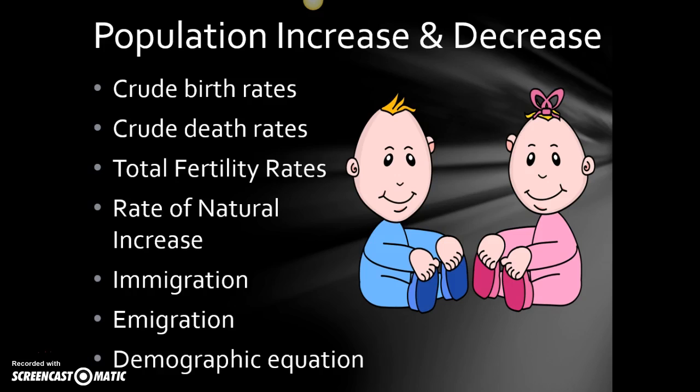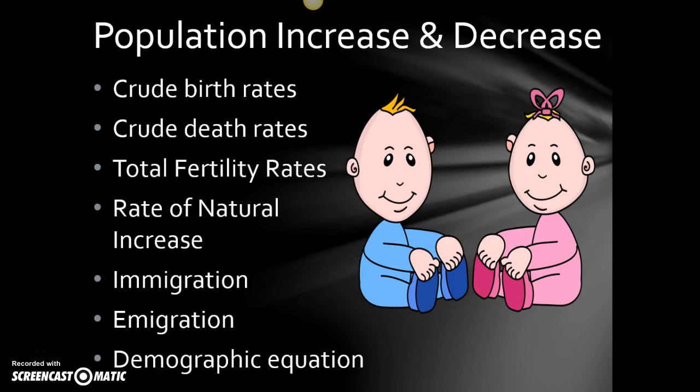Okay, total fertility rates are a little bit different. And the way that total fertility rates are different is that really they're a prediction. How many children will the average woman have during her reproductive years? And for reproductive years, figure basically these days probably about 14 to 40.